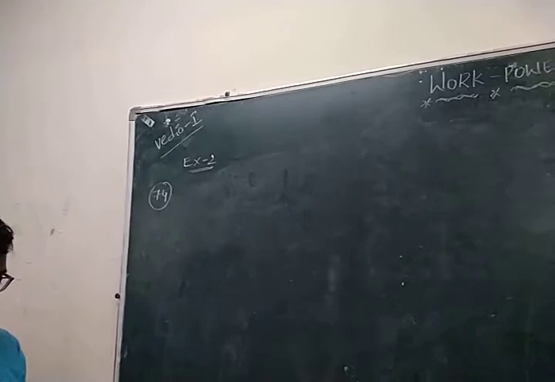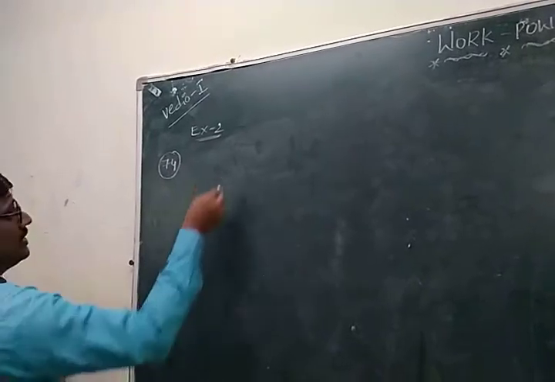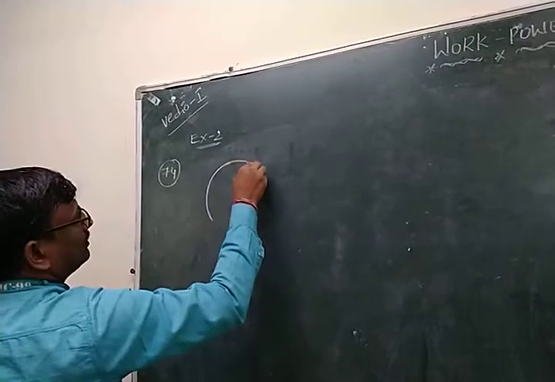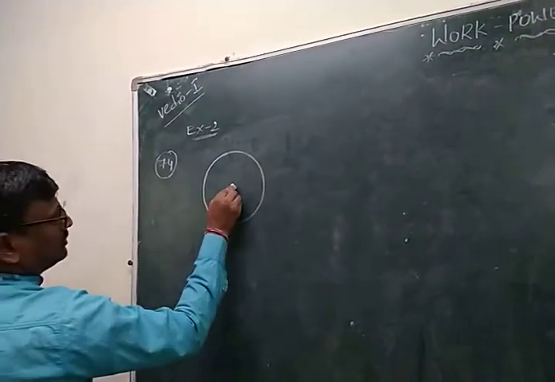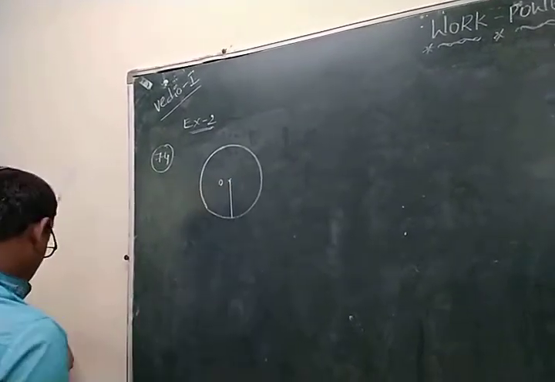Question 74. A 2 kg stone is swung in a vertical circle, attached to the end of a string. This is the vertical circle. Now the center is O and the string is attached.